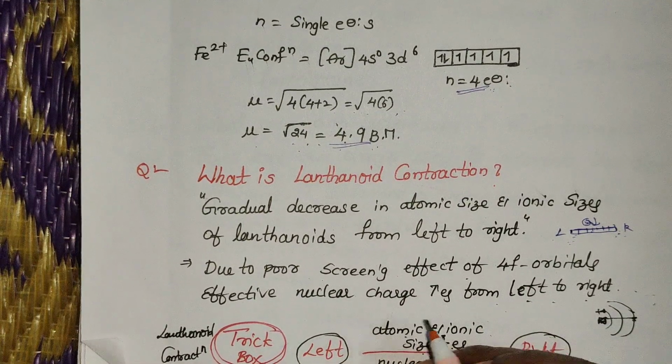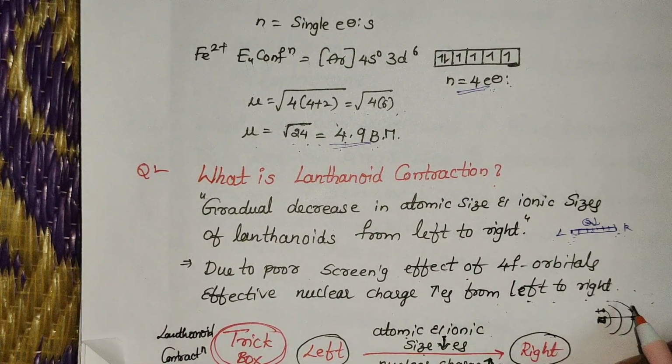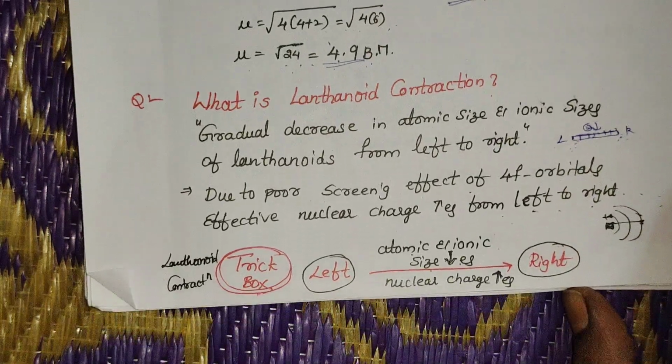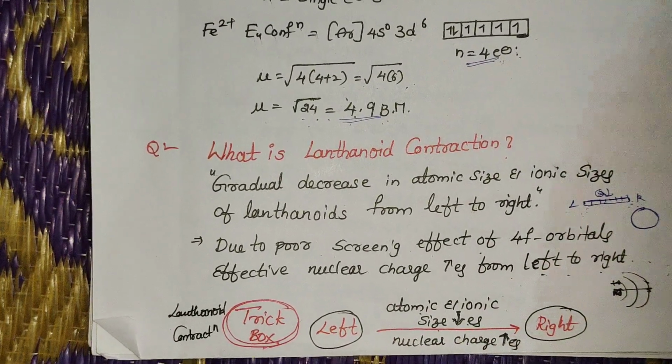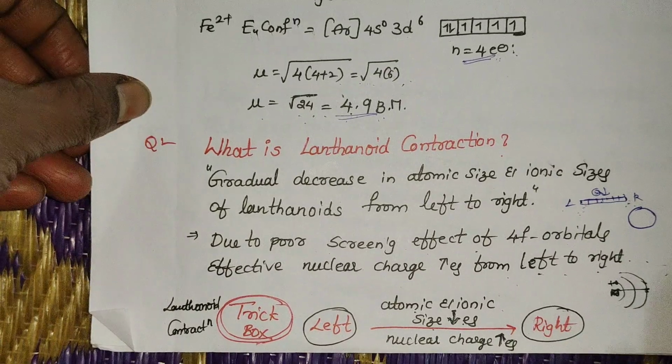The main reason is the poor screening effect of the 4f orbital. Okay, effective nuclear charge increases from left to right. You may imagine this is the atom, and the center of the atom is the nucleus.